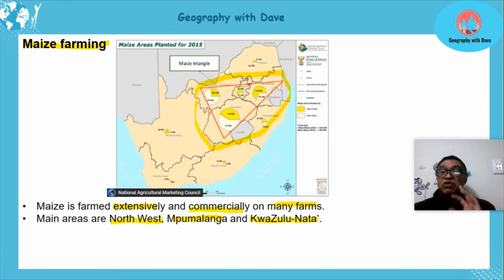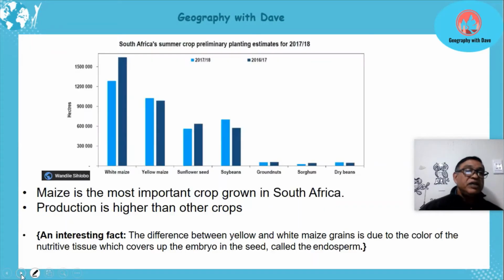These areas have the conditions suitable for farming of maize. So it's that area. Let's go further. Now I want to show you something here. It's compared to others like sunflower seeds, soya beans, groundnuts, sorghum, dry beans.